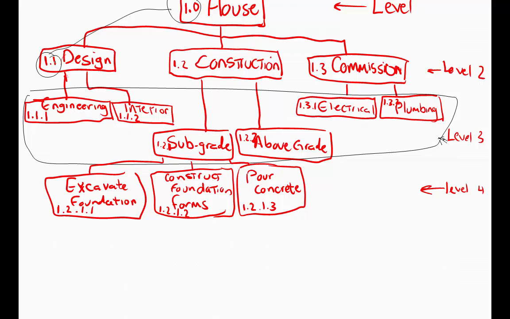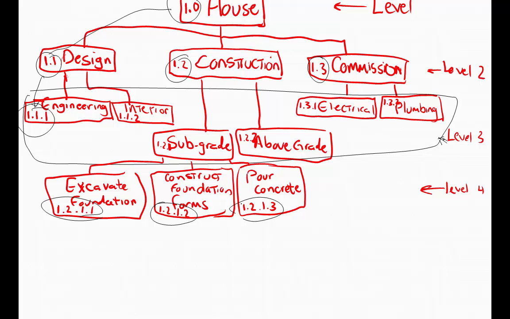So design would be 1.1, construction is 1.2, commissioning is 1.3. And now as you move down even further in your WBS, you add another decimal point and you start your numbering at 1. So design, you add another decimal point. Engineering would become 1.1.1, and so on and so forth until you get down to your work packages.